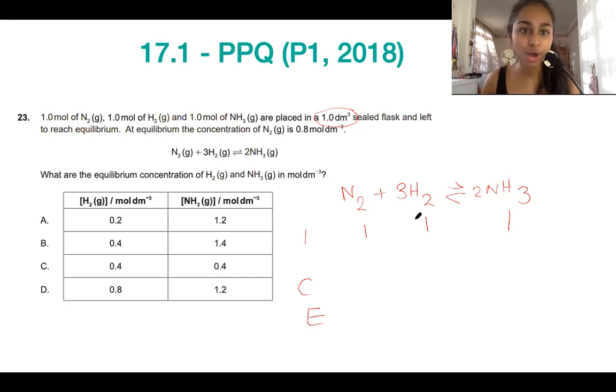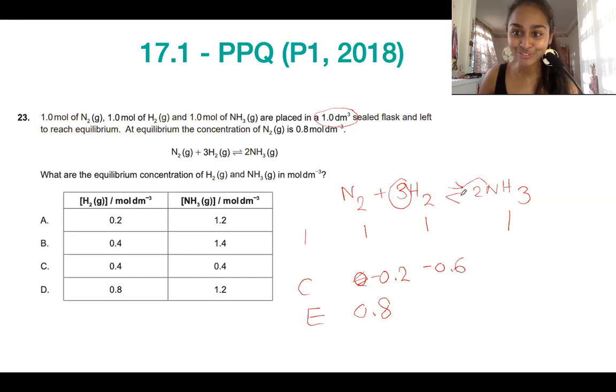So I started off with 1, and then at equilibrium, the concentration of N2 is 0.8. Therefore, I've lost 0.2 here in terms of my reactants. And because this is a coefficient of 3, I can assume here that I would have lost 3 times that amount, say 0.6.